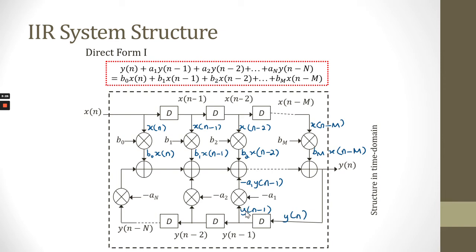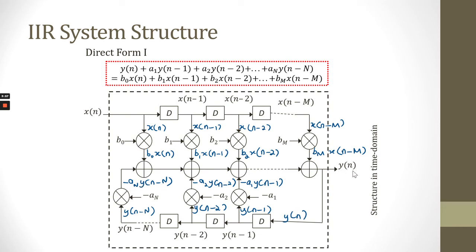The past output y[n-1] multiplied with coefficient negative a1 produces negative a1 y[n-1]. The next part, y[n-2] multiplied with negative a2, produces negative a2 y[n-2], and so on, up to y[n-N] multiplied with negative aN, producing negative aN y[n-N].